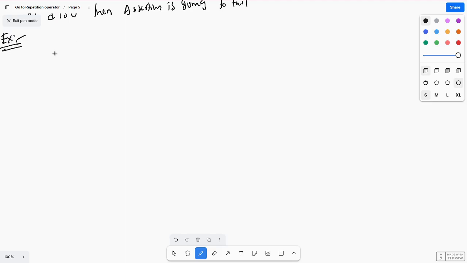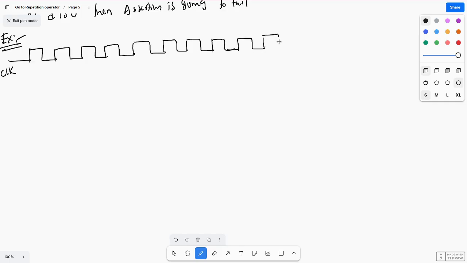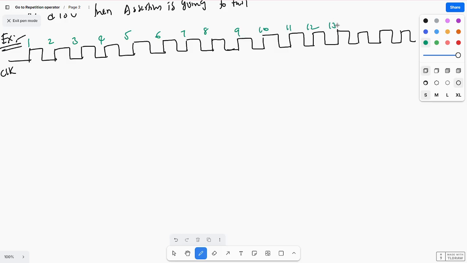See here, we'll see with one example. Let us take one clock, this is my clock, with cycles 1 through 16.